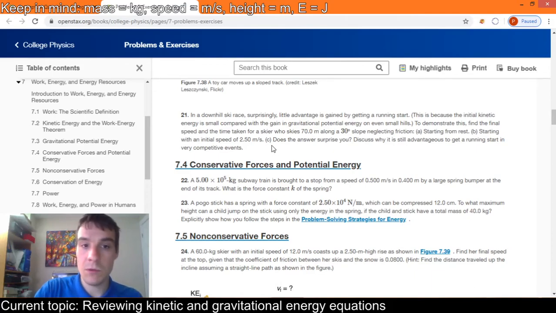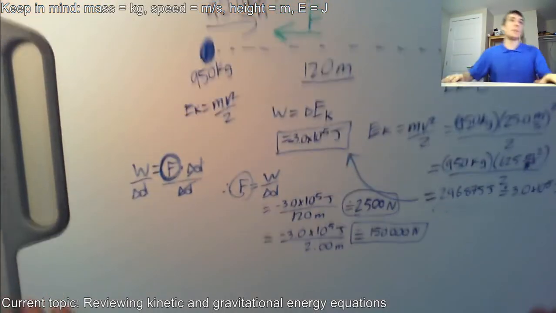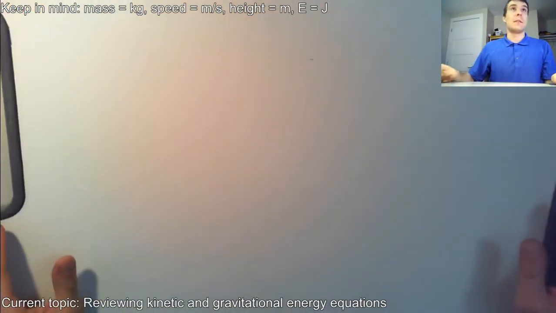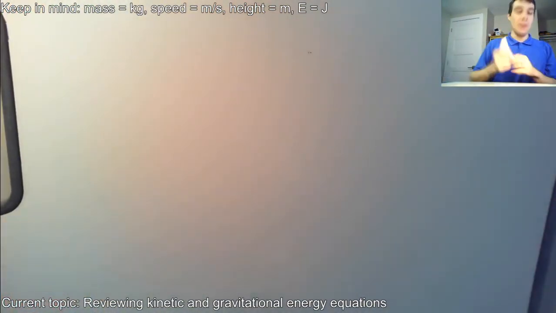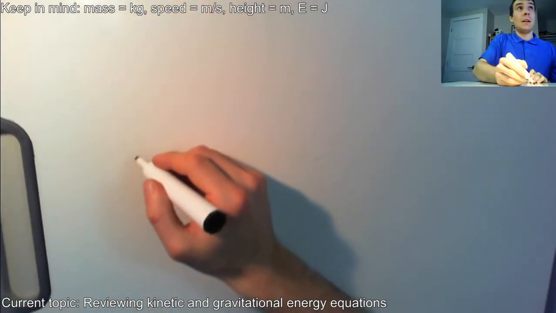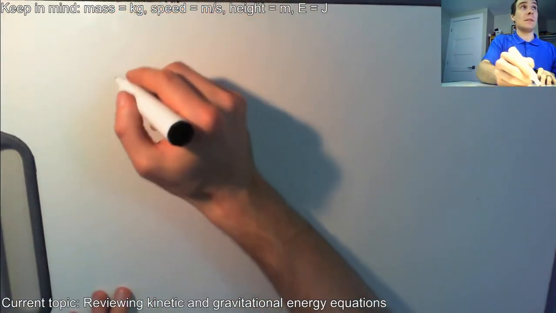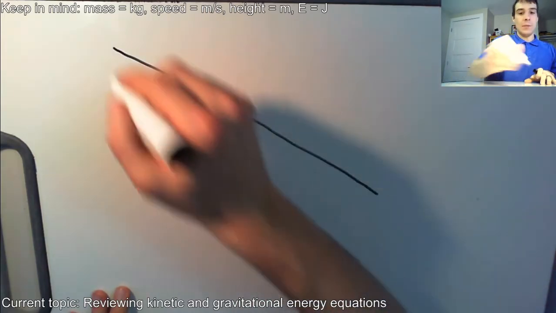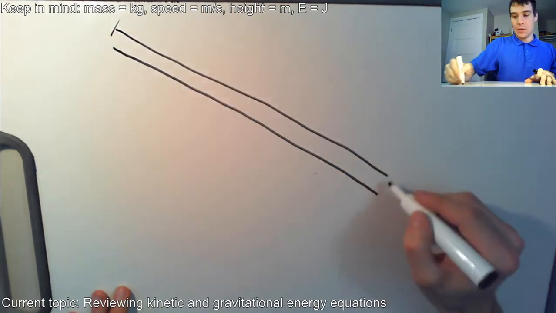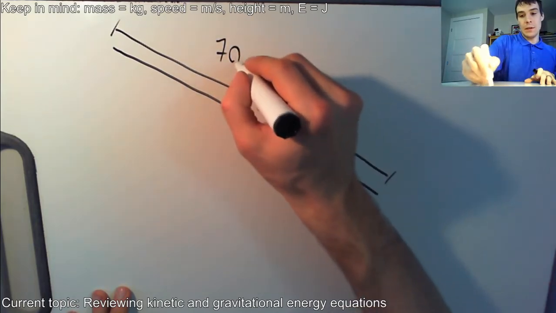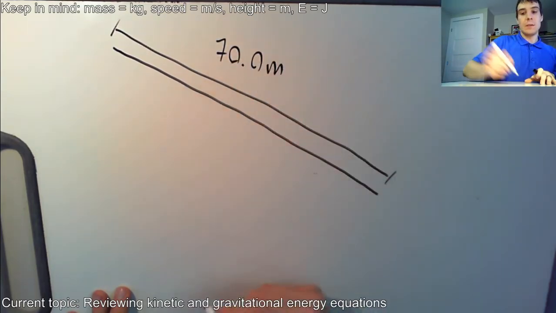And here's our scenario now. Our scenario is a skier who skis down a slope. The slope is 70 meters long.